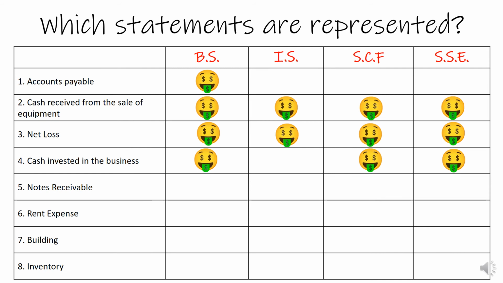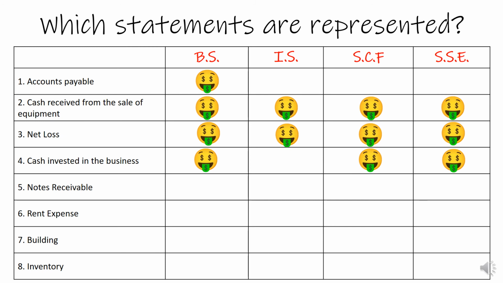Likewise, this would hit the statement of cash flows as a financing activity. And since it's cash coming into the business from the owners, it would hit the statement of changes in owner's equity, that last column. It would not hit the income statement because it's strictly an investment or equity transaction. It's not an income or loss transaction.